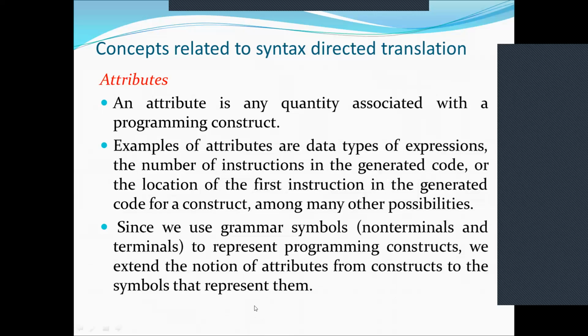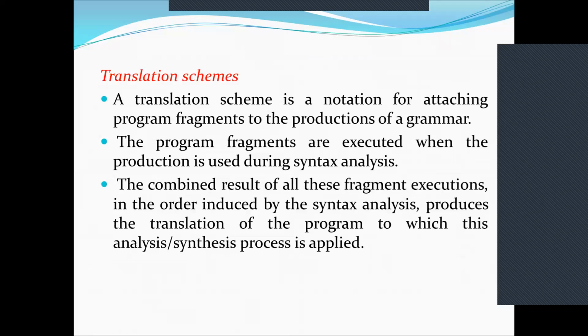So the non-terminals and terminals are called the programming constructs, and we extend the notion of the attribute from the constructs to the symbols that represent how these terminals and non-terminals are being represented. That is what is called the attribute as of now.